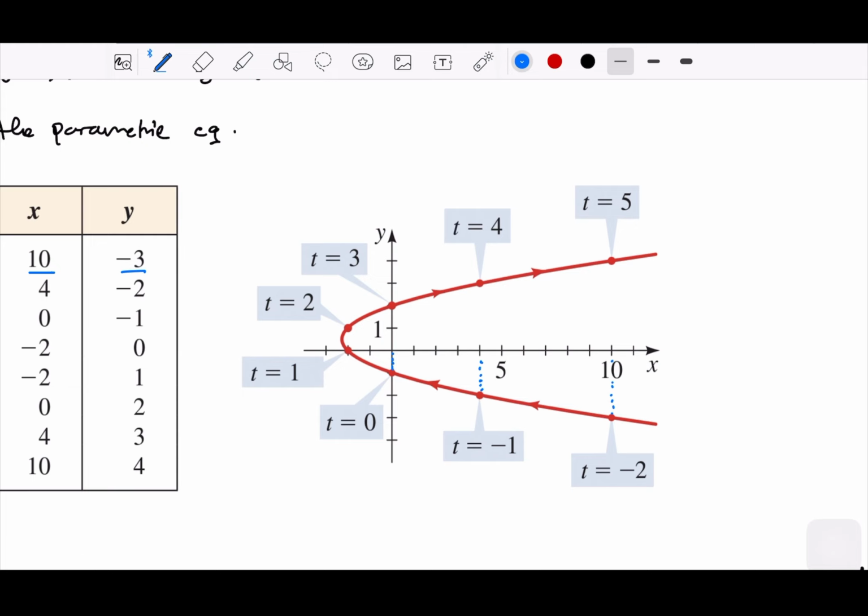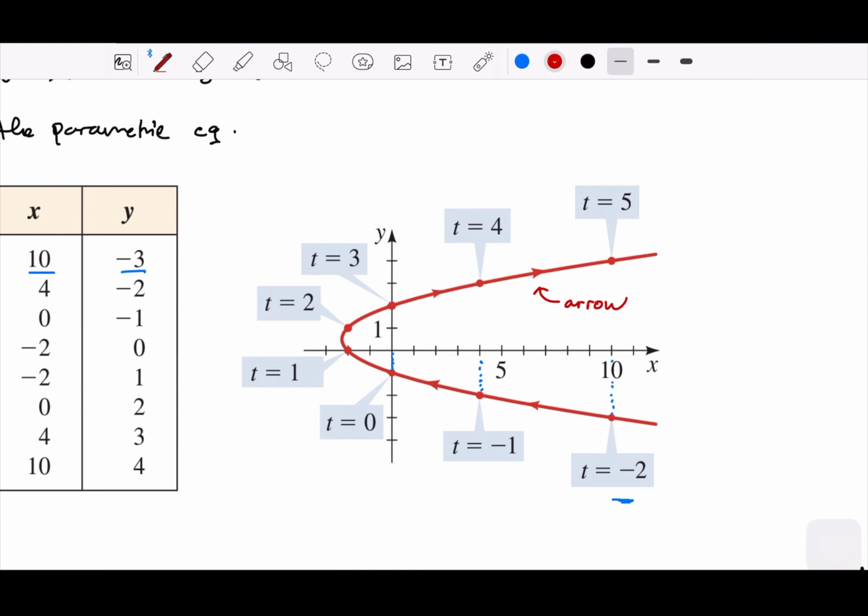Remember, because we start from negative 2, we need to draw the arrow, so it has a direction, from where to where. If it is a different type of parametric, perhaps the arrow could also be different.